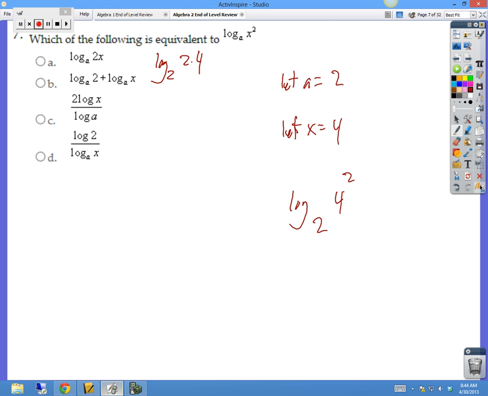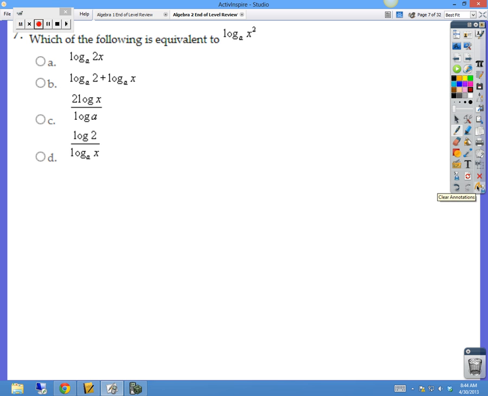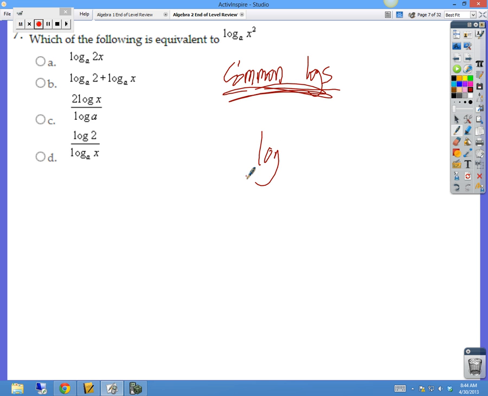But now, here's what you need to know. There's 2 types of common logs. The very most common log that we do is log in base 10. Base 10 is our number system. Our number system revolves around base 10.